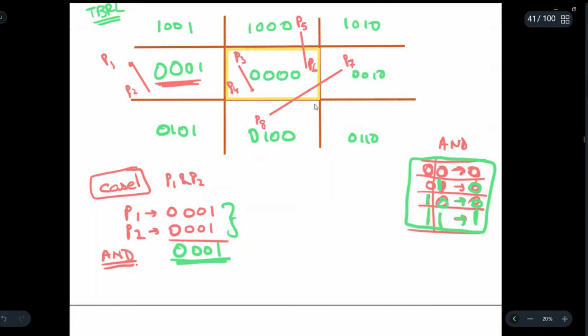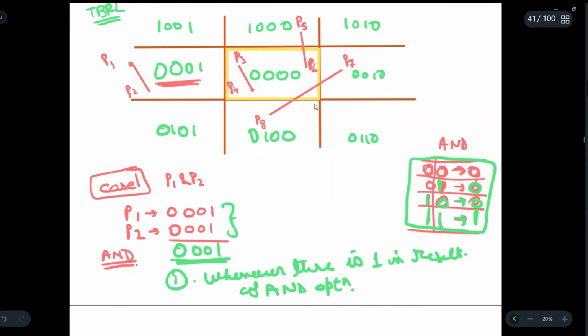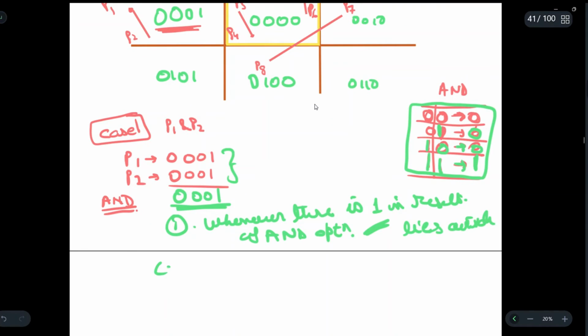So let us come to property 1: whenever there is 1 in the resultant of the AND operation of 2 points, then we can say that the line we are dealing with lies completely outside the polygon.